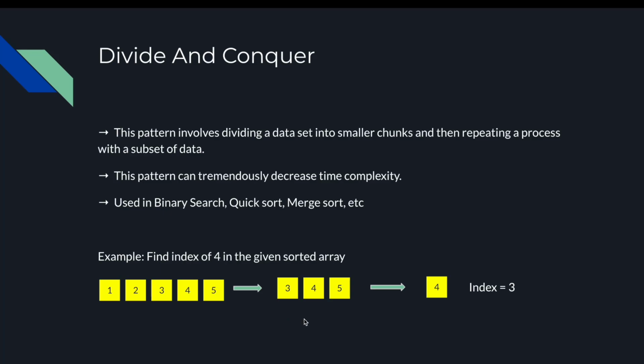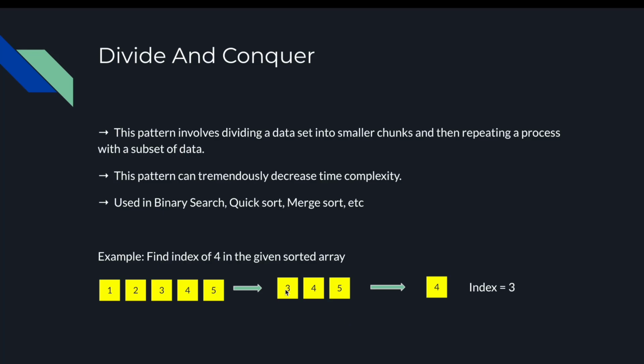Now since we have to find out our desired value in this part of the array, we need to redefine our minimum and maximum limits. The minimum in our case is going to be 3 now because 4 cannot go behind 3, and the maximum will still remain 5 because 4 cannot go ahead of 5, right? Now we need to repeat our process of dividing our array into smaller chunks.